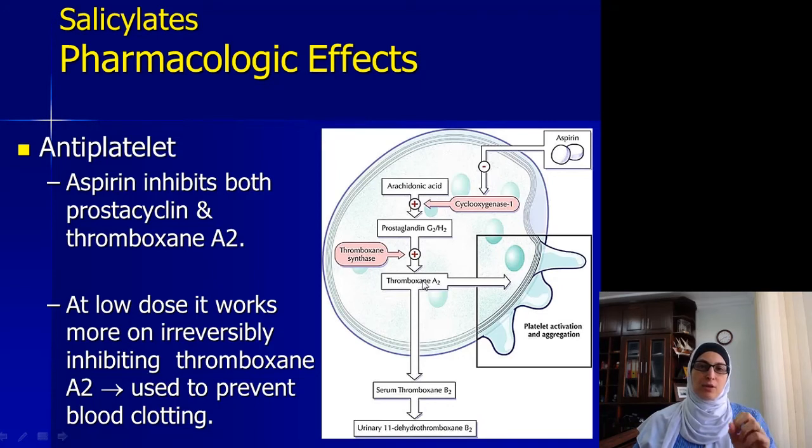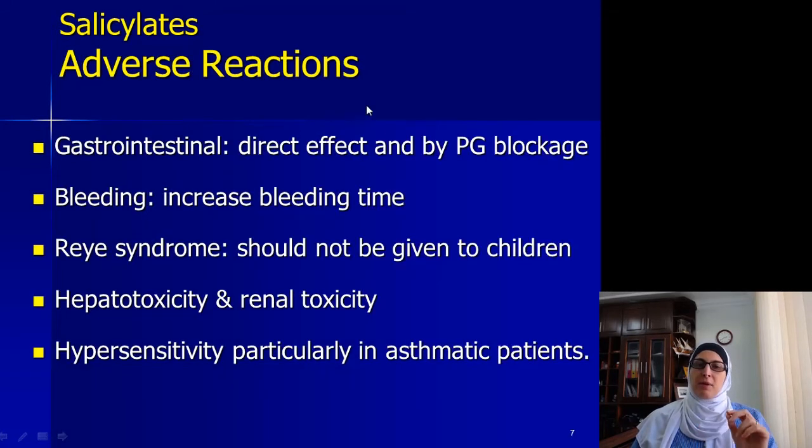This is why it is used at low doses to reduce thrombus formation or clotting of the blood. This is a feature of aspirin, but it is not present in other NSAIDs. Talking about adverse reactions, the GI is the main one for aspirin because of its acidity and its effect on COX-1.